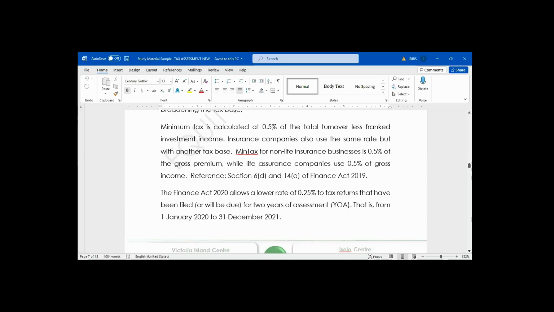So while you are computing minimum tax, if the year end is 2020, what rate are you going to use? 0.25.